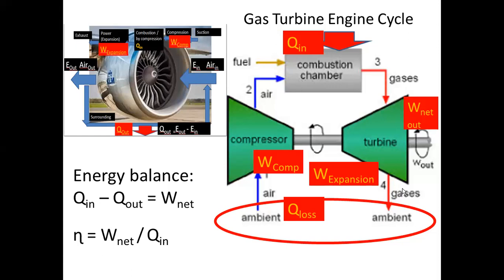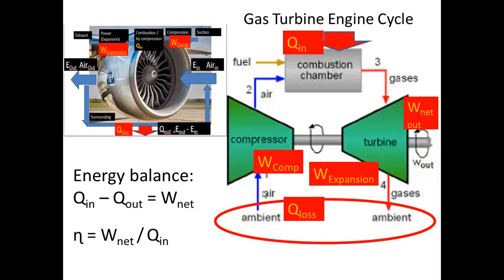So you can have this nature of schematic also for the gas turbine engine cycle. Hot gas comes out, cold air goes in. There is an energy difference, so the hot gas energy is dispersed to the ambient as energy loss.